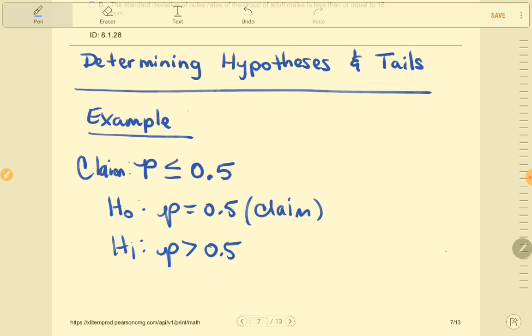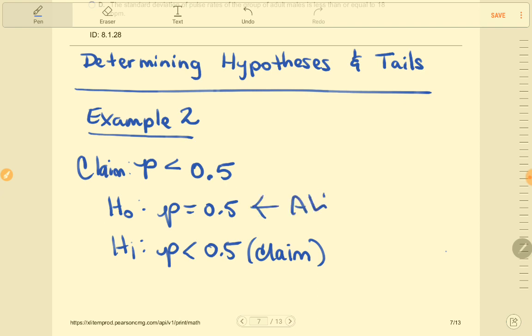Let's change it this time to another scenario. Let's say there's no equality in that. Then your claim actually falls directly into the alternative hypothesis, and the null remains as it always will be with the equal sign. Okay, so that would be a left-tailed test.